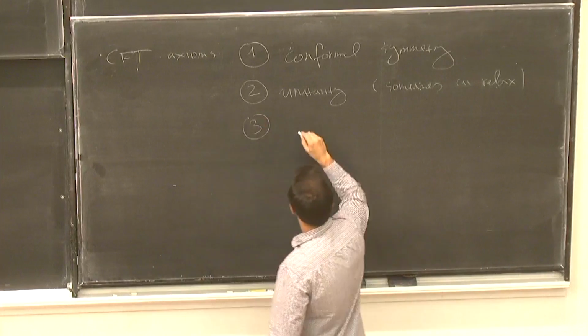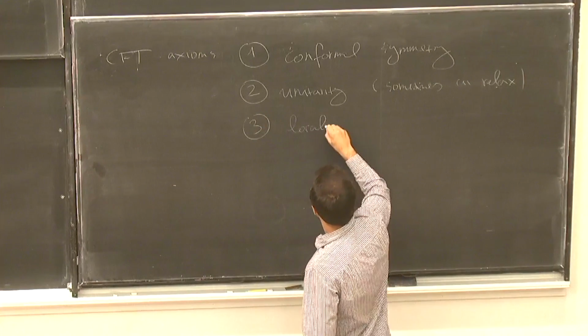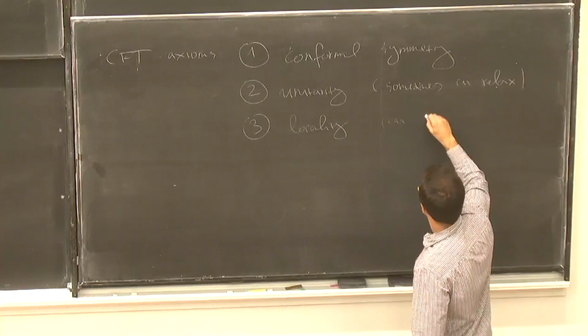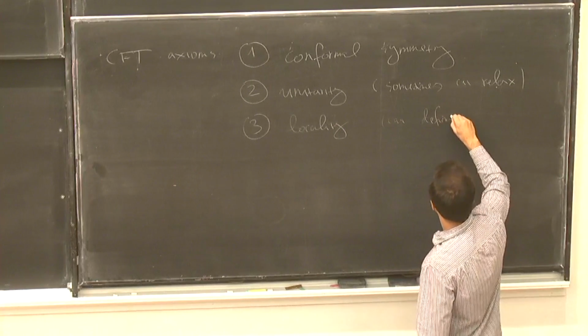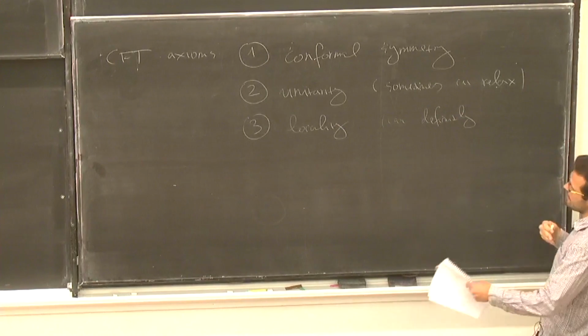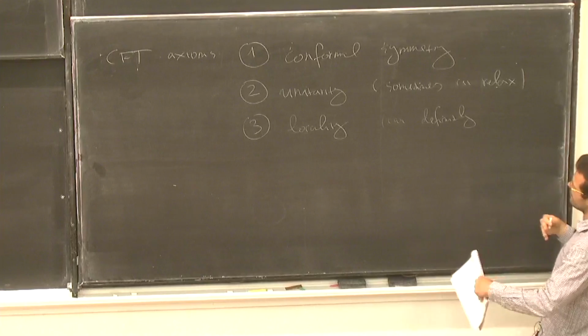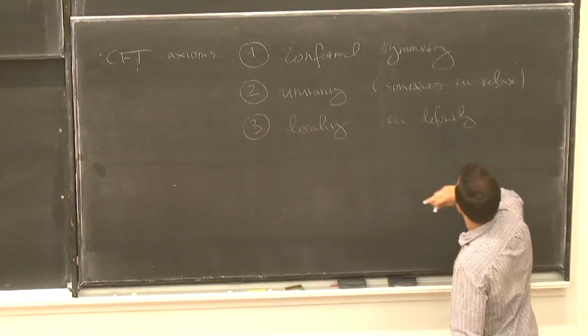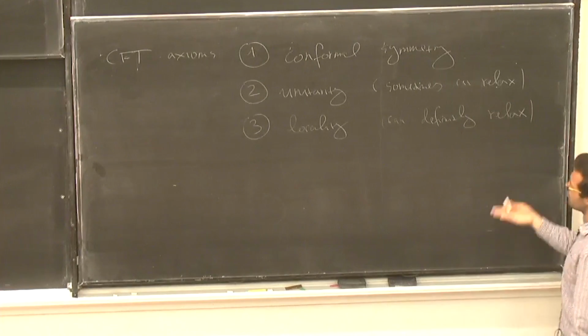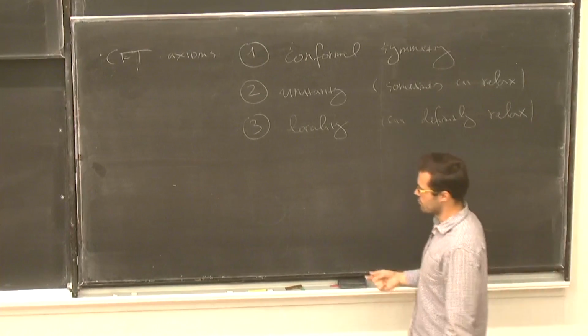And the third one is locality, which can definitely be relaxed. For example, in conformal defects or in this non-gravitational version of AdS/CFT, we don't have locality of the CFT, and still essentially the whole machinery of the conformal bootstrap goes through.